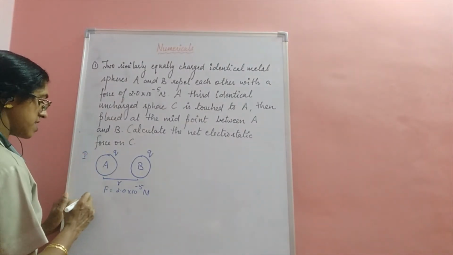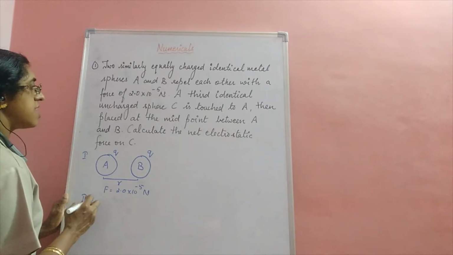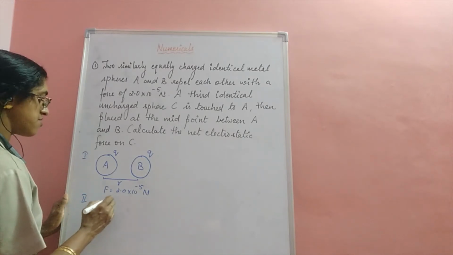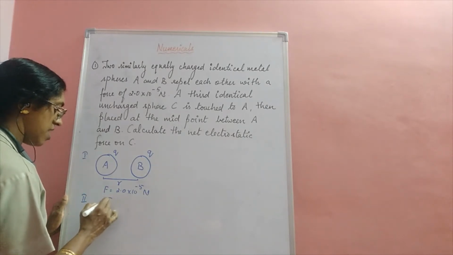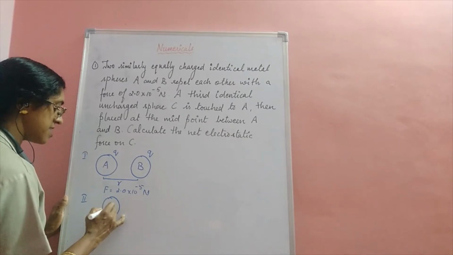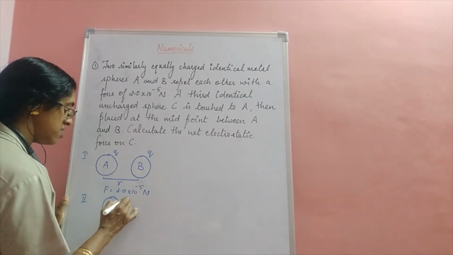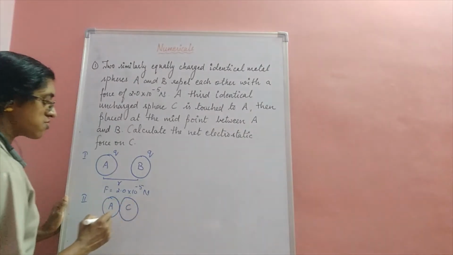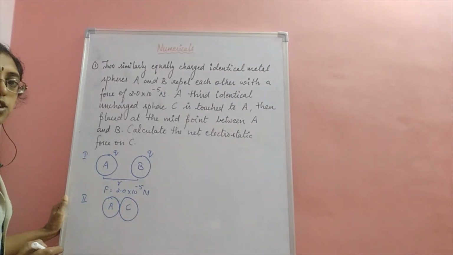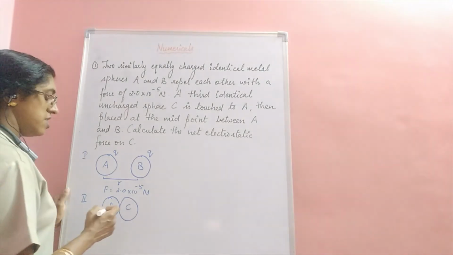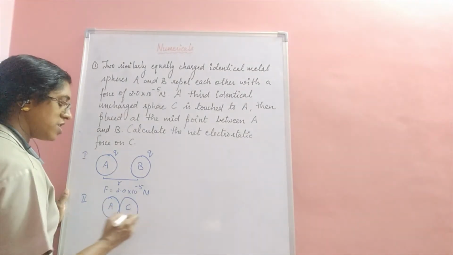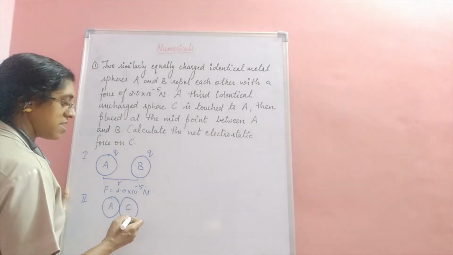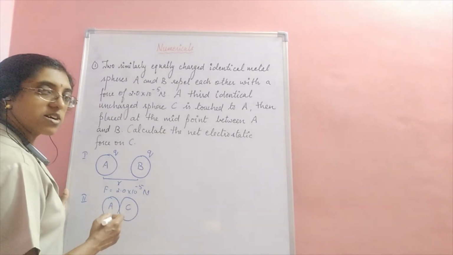Now, according to the second condition, a third identical uncharged sphere C is touched to A. We know that charges can neither be created nor destroyed. Hence, the charge would be equally distributed among A and C in order that the charge is conserved.